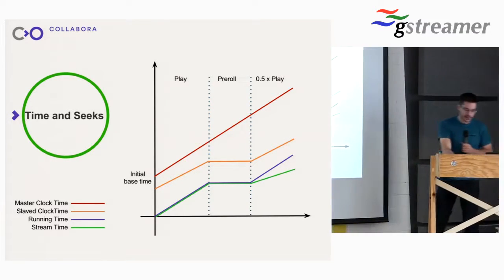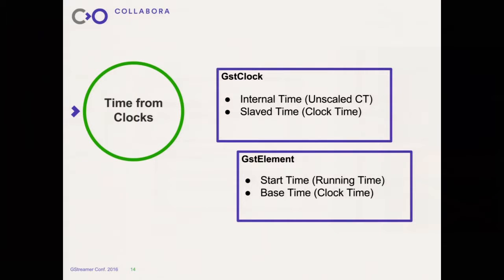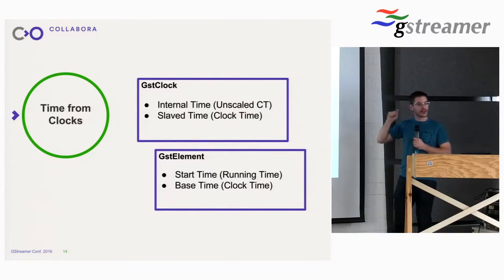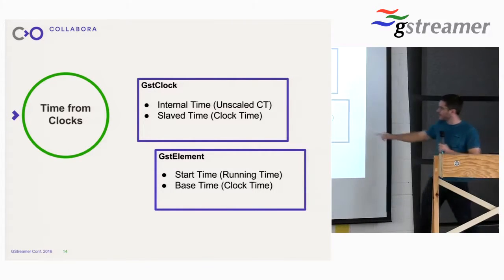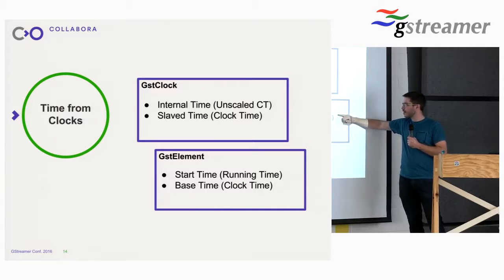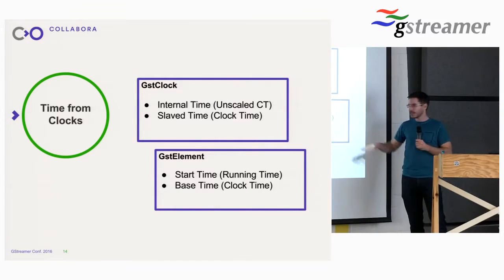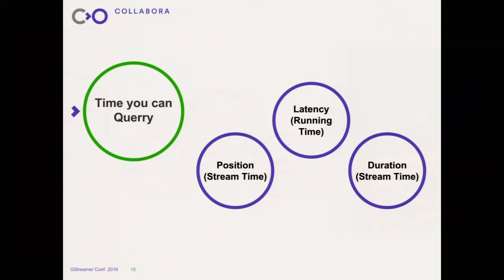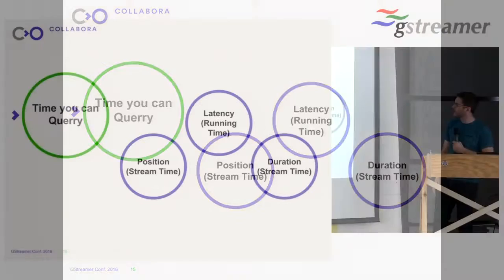And the start time always starts at 0, and it's on the same scale as the clock time, while the base time is a position, like on the first graphic, on the clock. So it's easy to confuse things because those two numbers look like they go together, but in fact they're on different start positions, so you need to be careful.